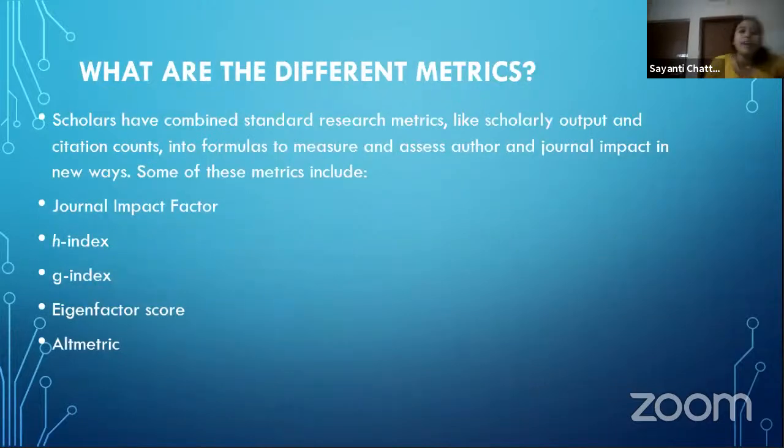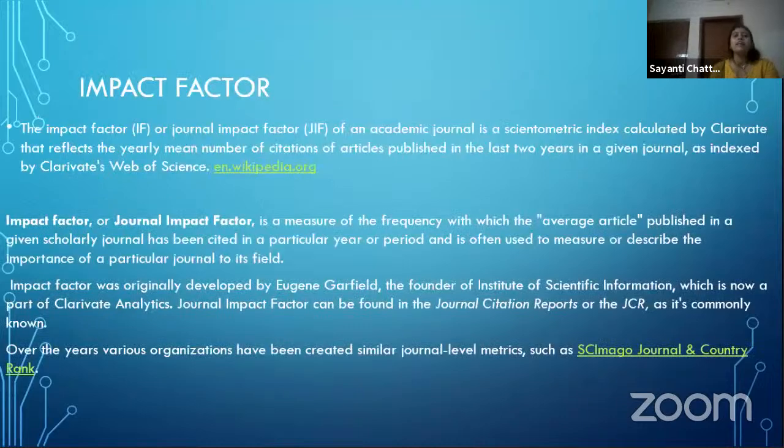Next, what are the different metrics? This is a very, very important thing. All the time we will talk about journal impact factor, H index, G index. What are these things? These are the different metrics of a quality paper. So first of all, we will talk about the impact factor. What is the meaning of the impact factor?